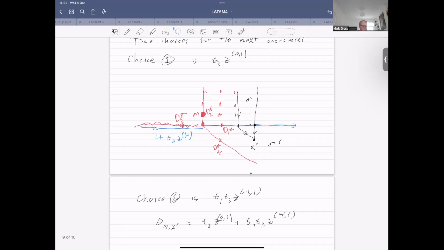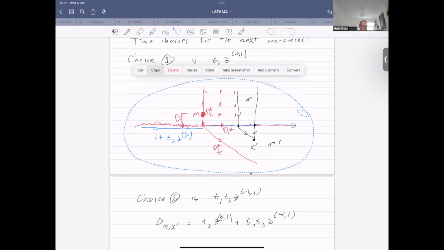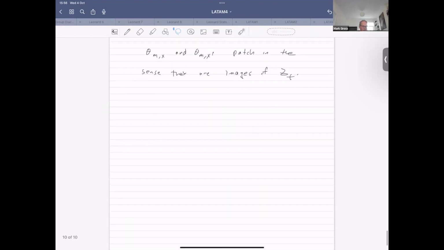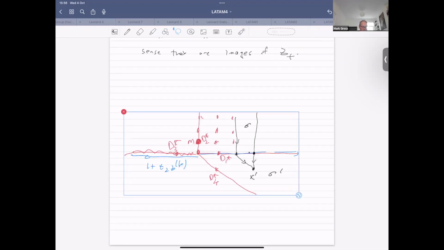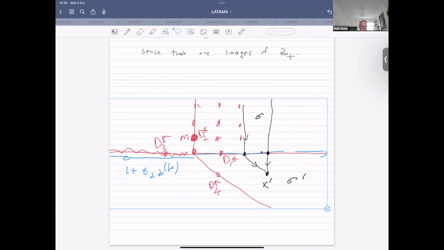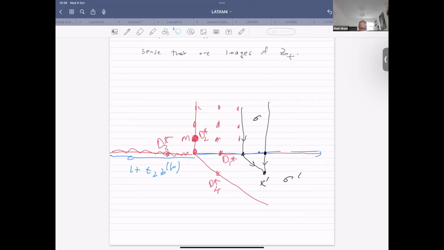So again, let me try to save some time by copying this. So one interesting thing is what happens as this point moves over to here.